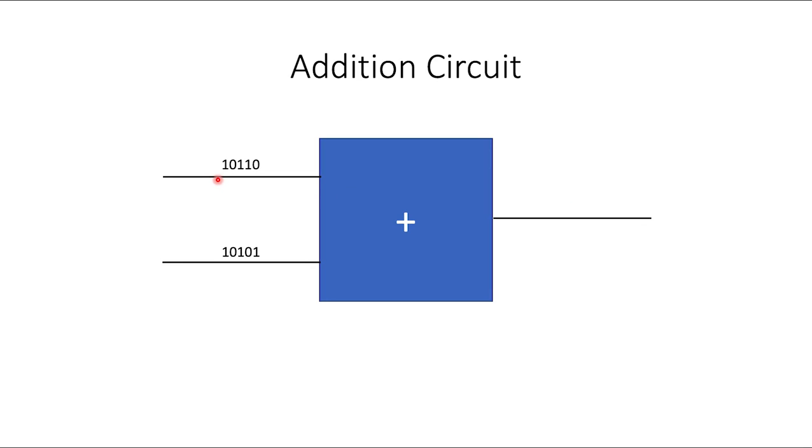For instance, maybe this is a 5-bit addition circuit, in which case it takes in one 5-digit number and another 5-digit number and spits out their sum. So in this case, I'm doing 22 plus 21 is equal to 43 again. So something, first of all, peculiar happens, where you're adding two 5-digit numbers, but there's a possibility that you might get a 6-digit number. And in practice, this happens, as you can see in this example.